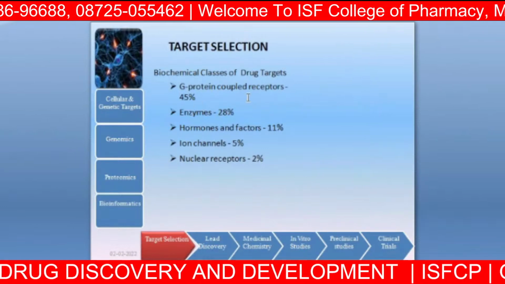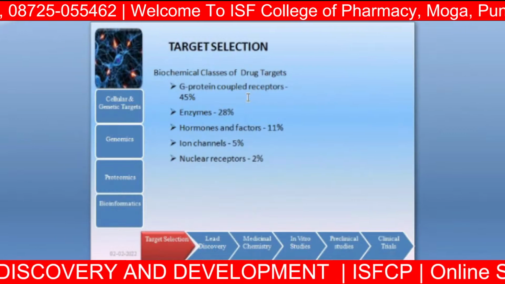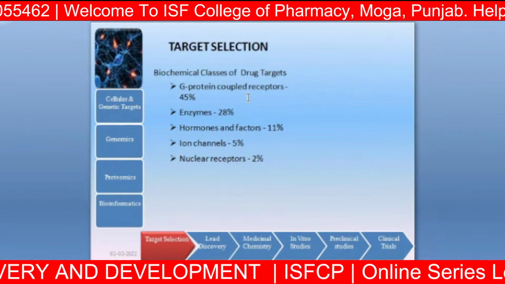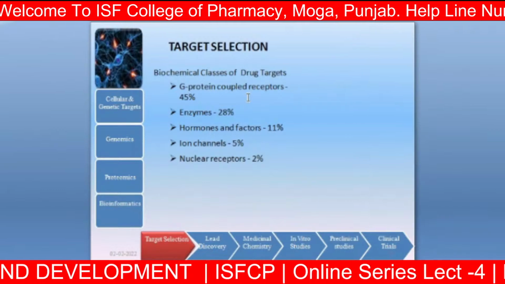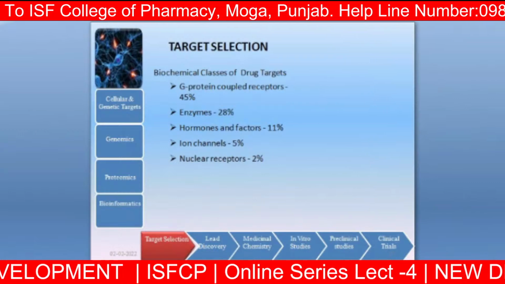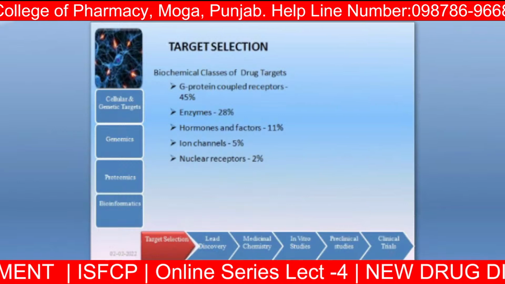In target selection, particular receptors are involved. G protein coupled receptors are there, enzymes, hormones and factors, ion channels, and nuclear receptors. In the case of hormones, progesterone and testosterone are there, so gender might also be a factor.